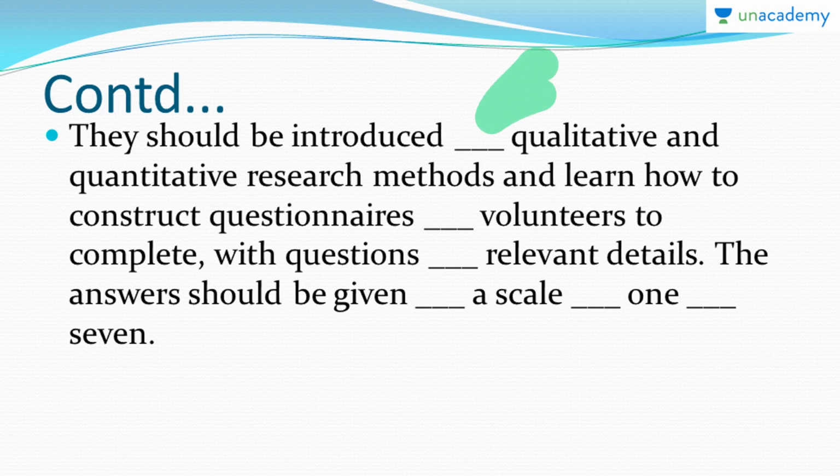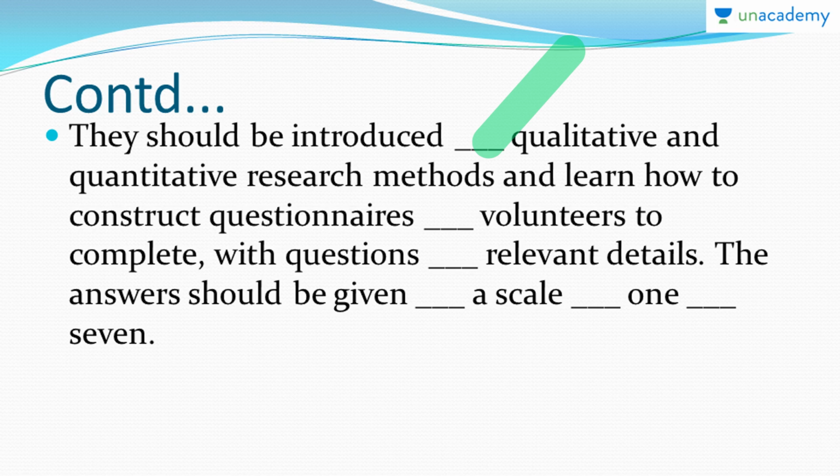Because they should look in the direction of it. Whenever we have this feeling that there is a sense of "in the direction of" coming in the question, then the obvious choice will be "to." So they should be looking in the direction of this qualitative and quantitative research method.